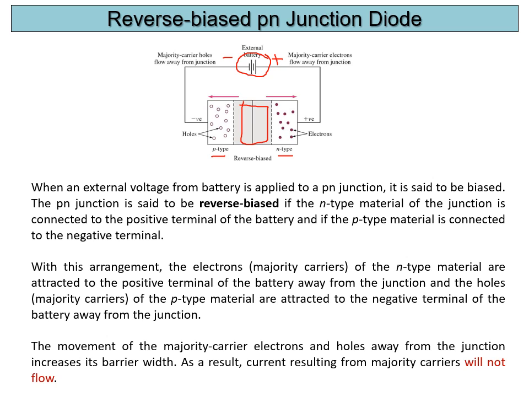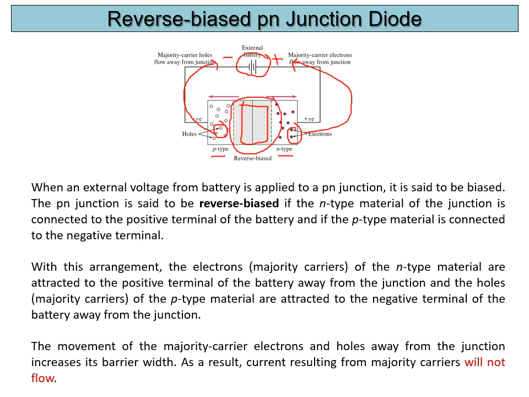With this arrangement, the electrons from the n-type will be attracted to the positive terminal, while the holes from the p-type will be attracted to the negative terminal. Both are away from the junction in here.